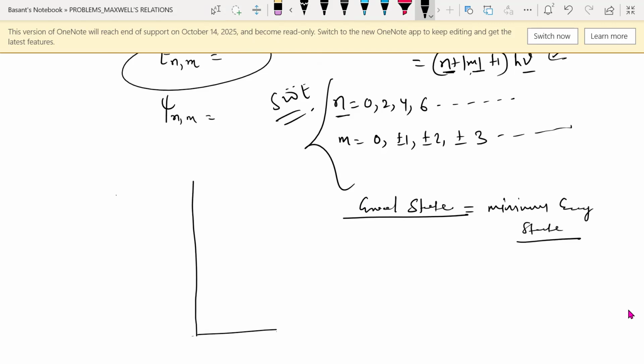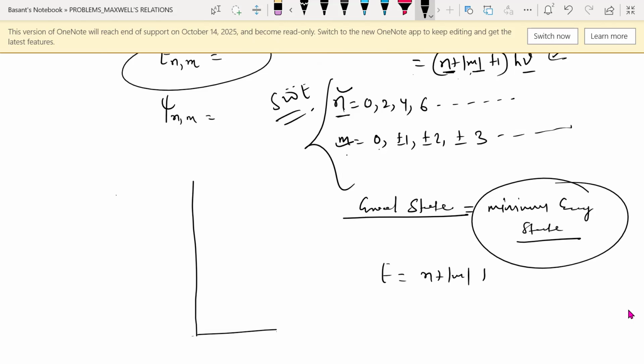So I have to take the minimum values of n and m for the energy eigenvalue.